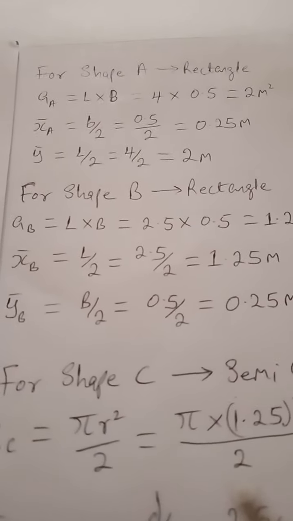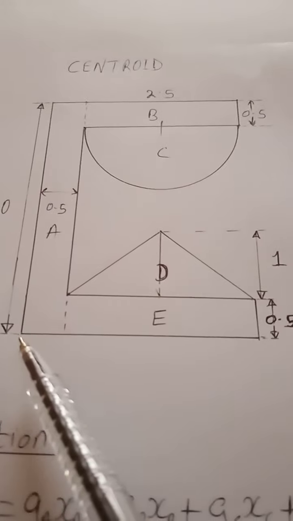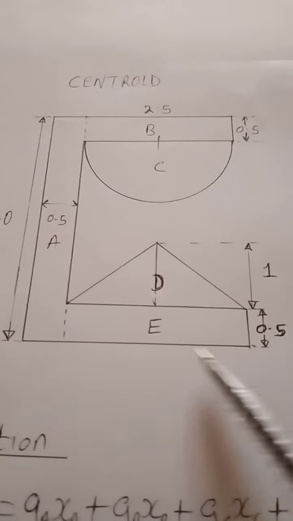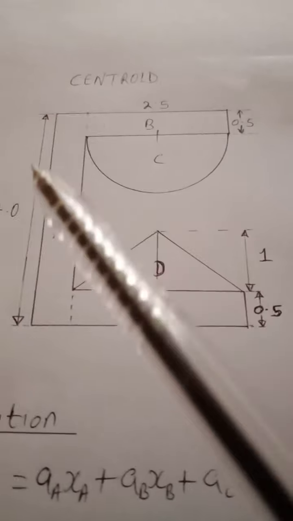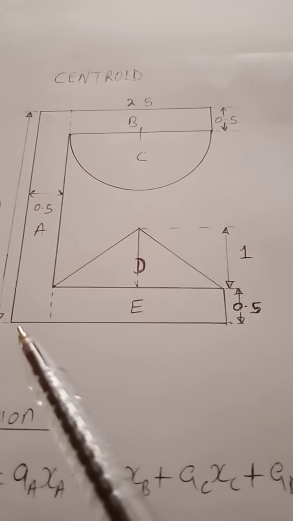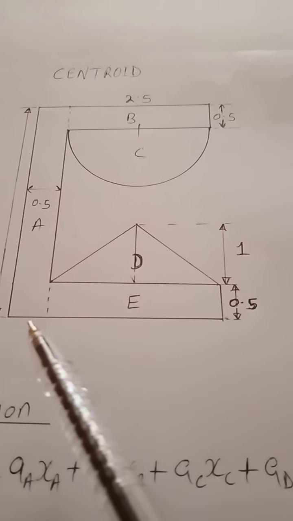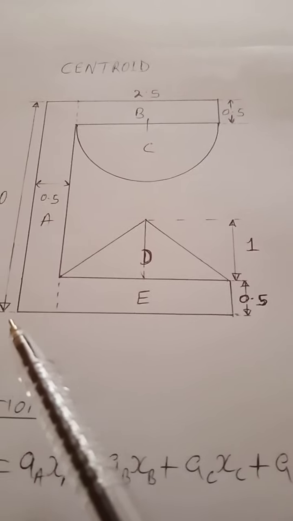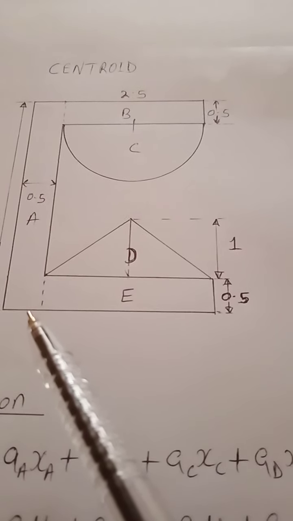Then the center distance of that shape along the x-axis. This axis is y, this axis is x. Now we have to determine the center of this shape alone, which means that this is the breadth of that rectangle, so it means the breadth divided by 2.